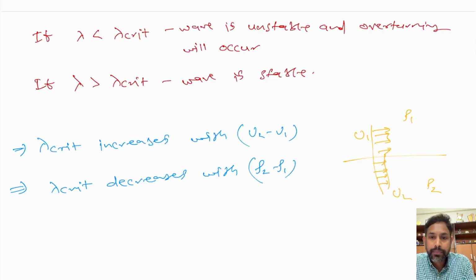So in most cases you will have an unstable wave, because lambda critical is the critical value for going from unstable to stable wave.